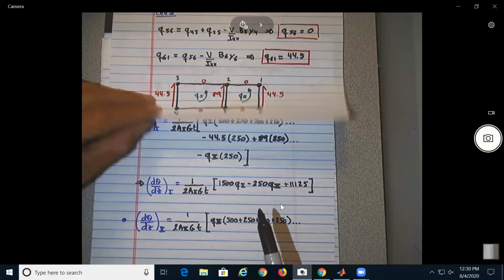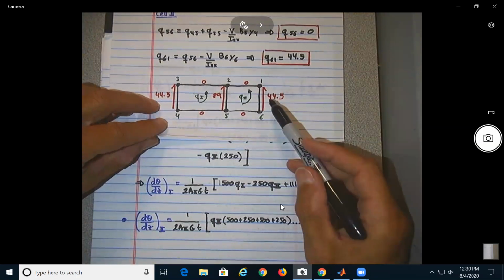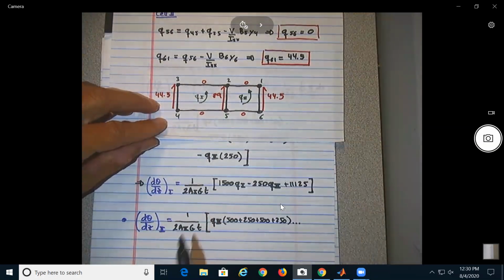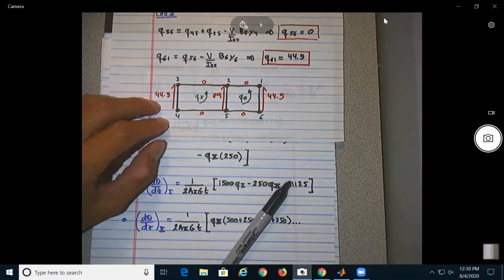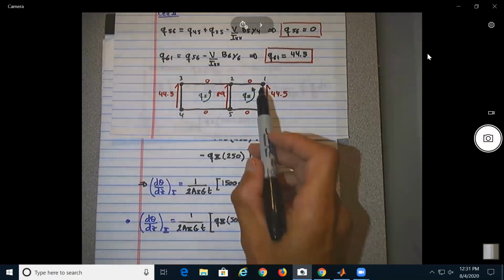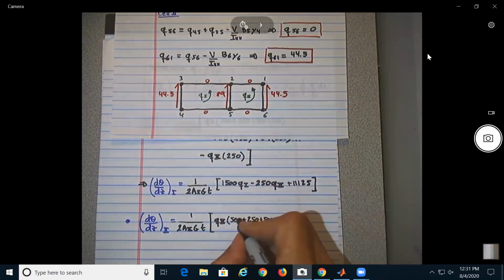And now, what did I do here? Now we can do the other one. So now, what would be the effect of this 44.5? It will be also to go counterclockwise. Okay, so over here, sorry, you see I did a mistake. The distance here, 1, 2, 2, 5, 5, 6, 6, 1, they're all the same. They're all 250.